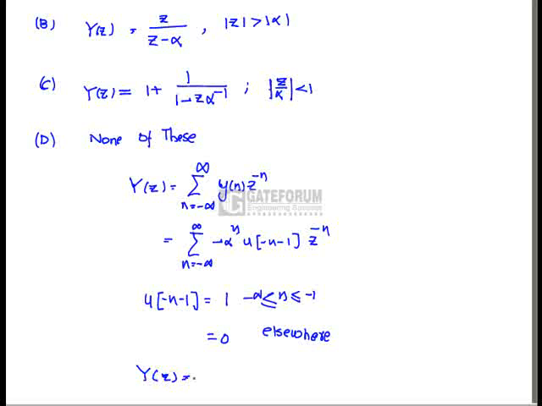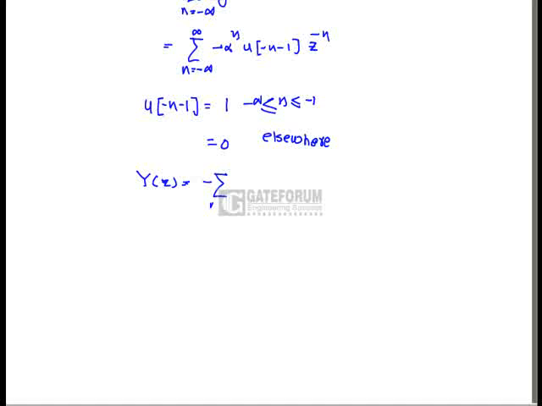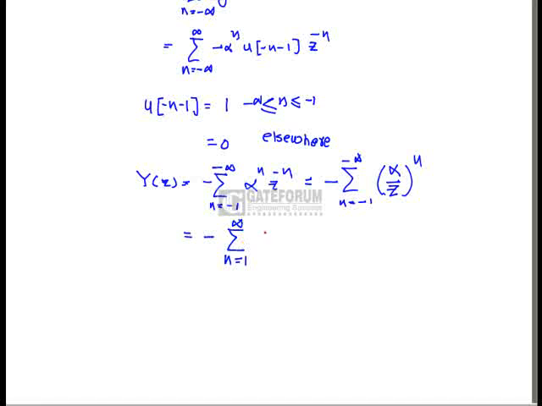So Y of z equals summation n equals minus 1 to minus infinity alpha power n z power minus n, which is minus summation n equals minus 1 to minus infinity alpha by z whole power n. If we change the sign of n, it becomes n equals 1 to infinity z by alpha power n.